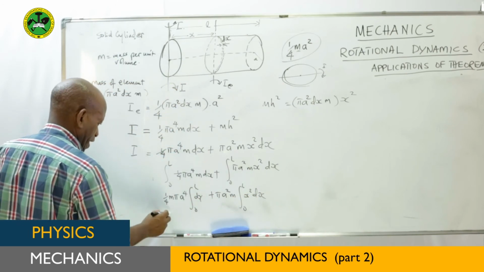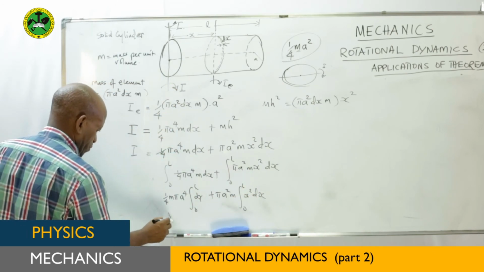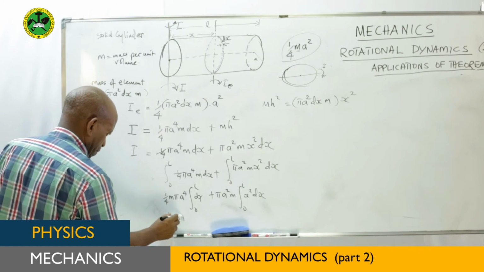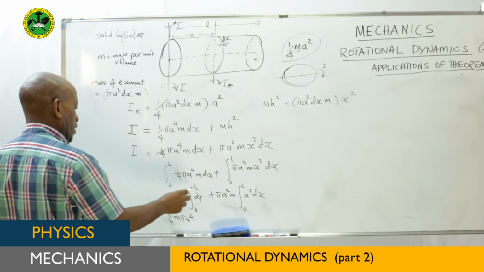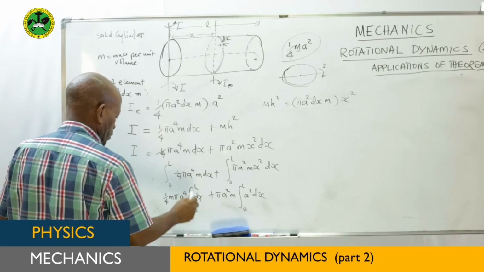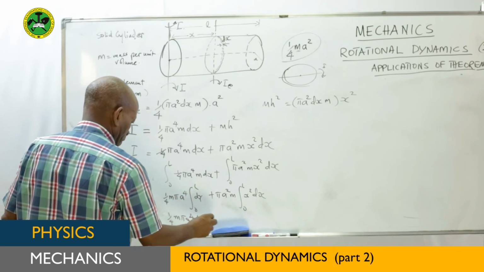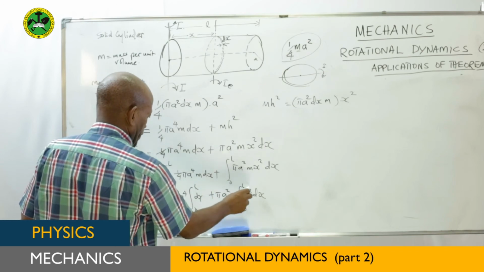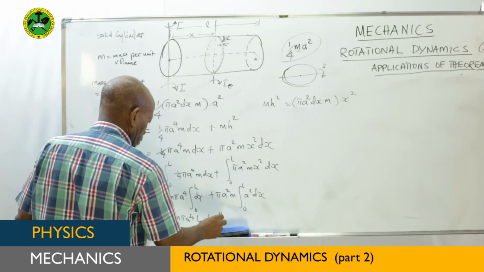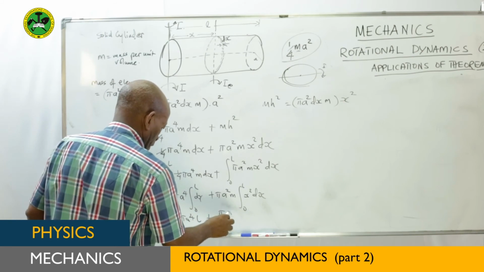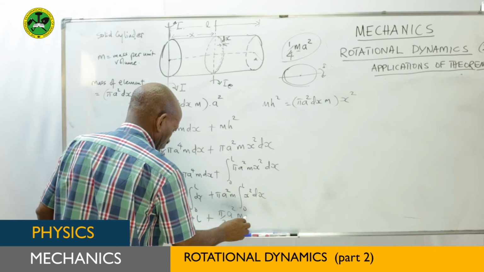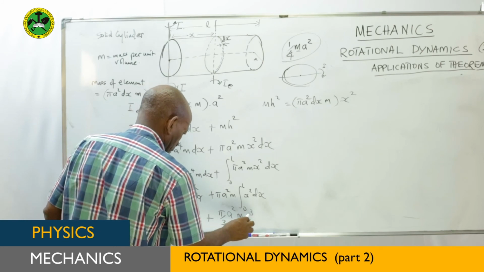Integrating here, we have 1 over 4 m pi a power 4, and for dx, substituting from 0 to L, we get L. Here we have x power 3 over 3, so it will be equal to pi over 3 a squared m L power 3.